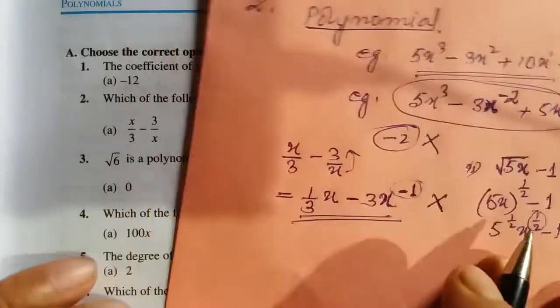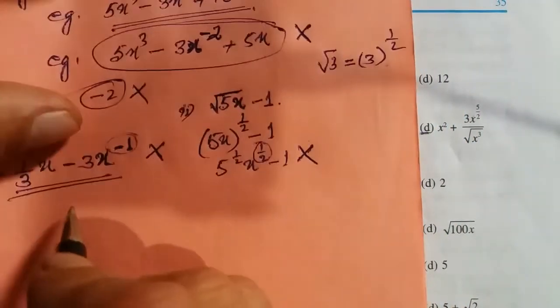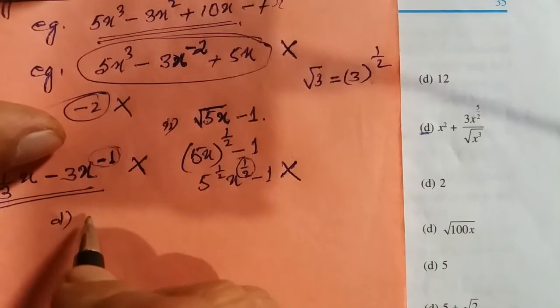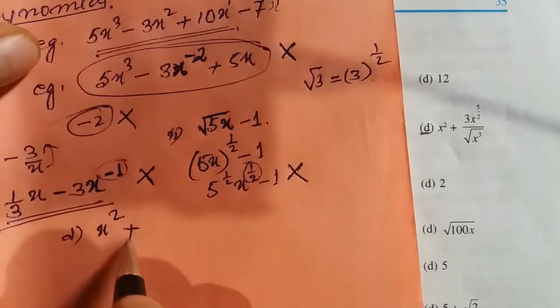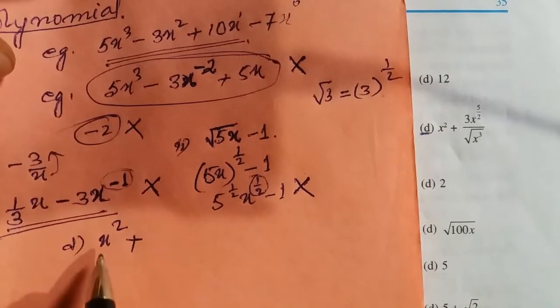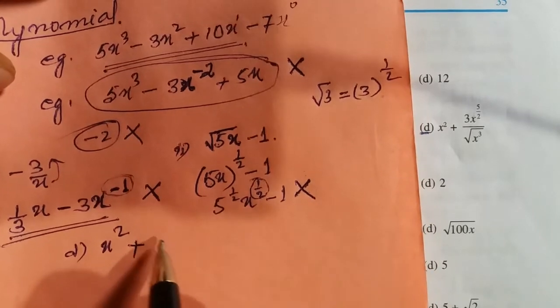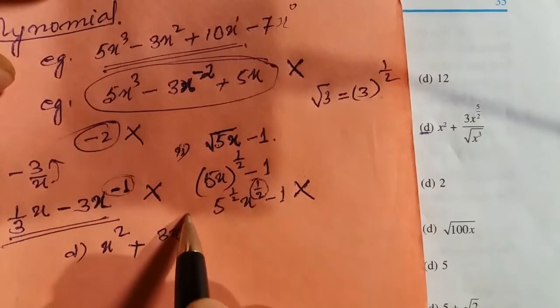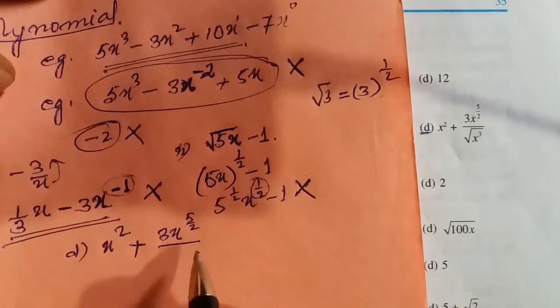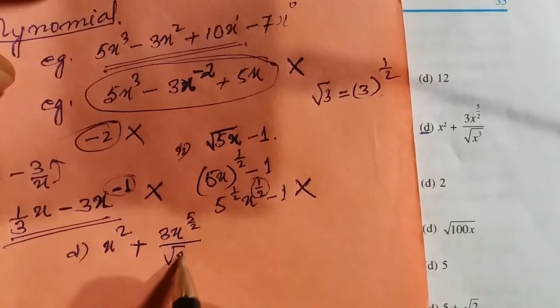Now let's check this one. D is x square plus 3x to the power 5 by 2 divided by root x cube.